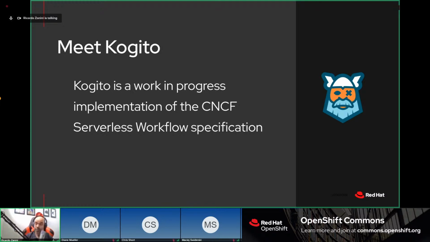So it's a work in progress. We are in tech preview right now, community wise, of course. There are some limitations of the implementation that we are working towards, but the basic things are there, and I'm going to show you guys.